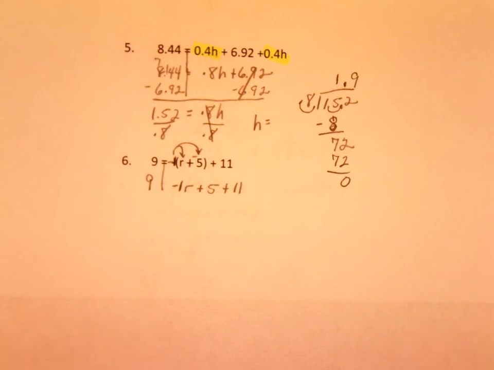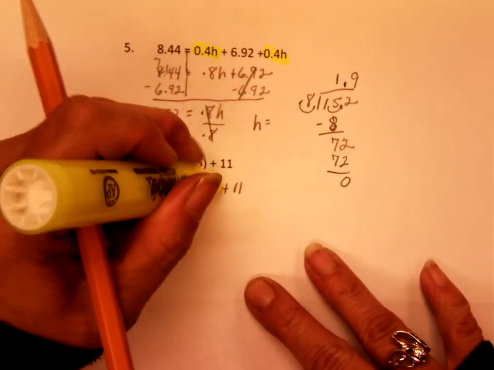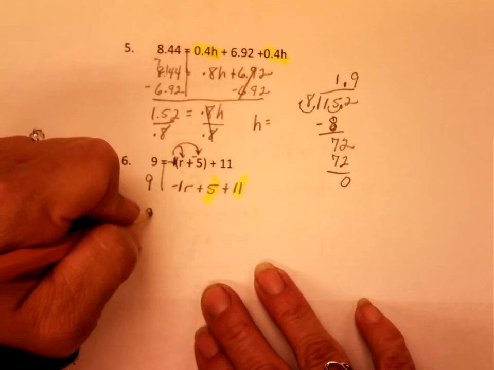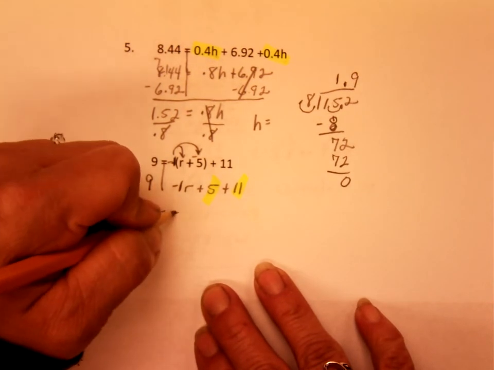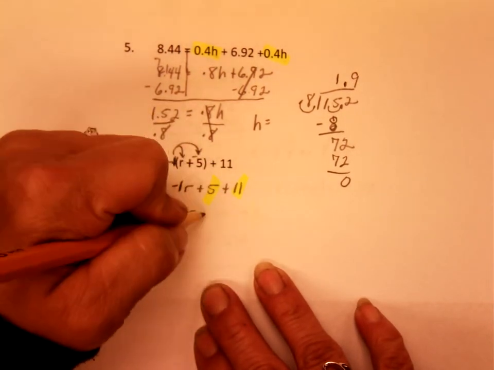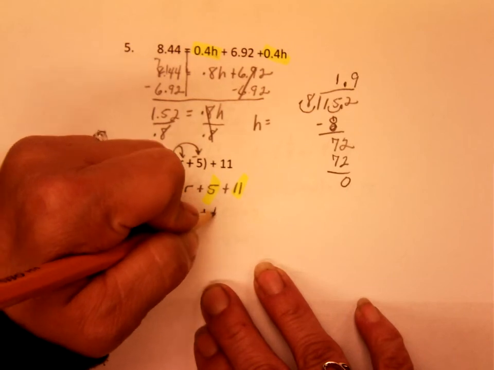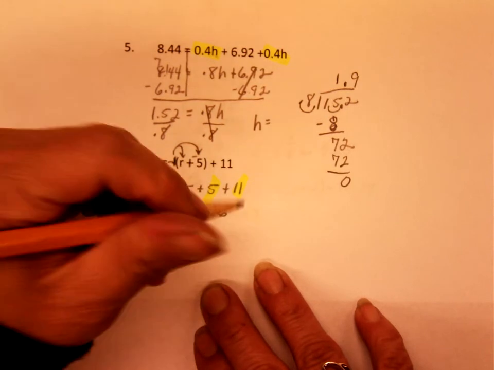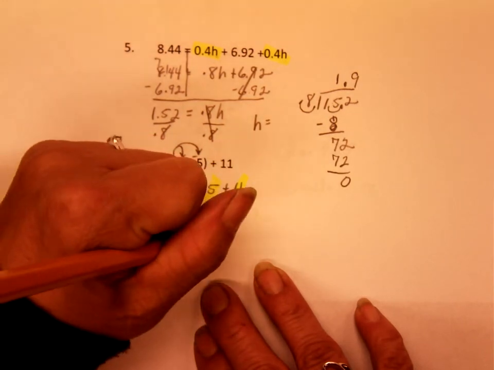Combining like terms, you have your negative 5 and 11, so you have 9 equals negative 1r plus 6. You need to get rid of the number that's not next to the variable, so minus 6 on both sides.